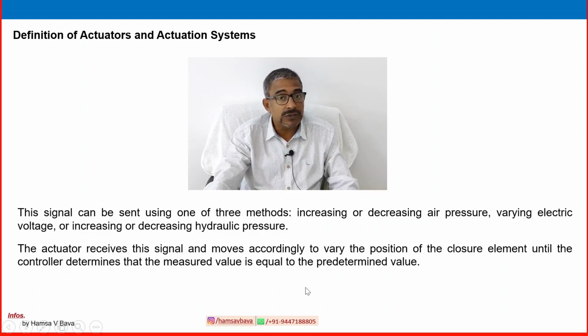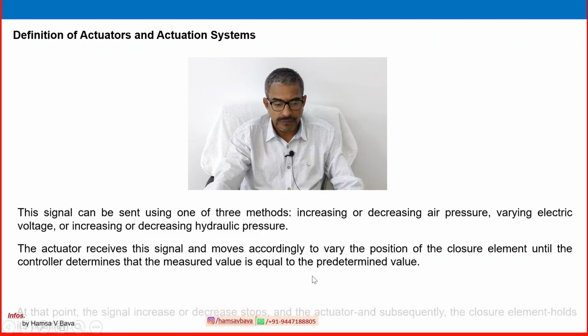When the measured value is equal to the set point, the controller sends a 0 output, so there is no change in the actuator. If there is a positive change or negative change, the controller will send a signal accordingly and the actuator will receive the signal and take its action accordingly to increase or decrease the fluid flow through the valve.